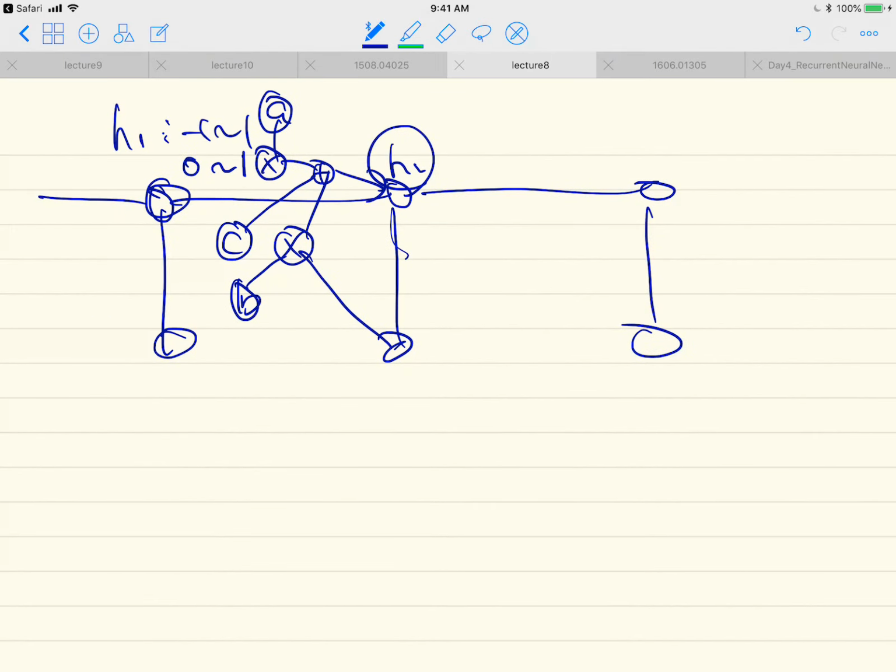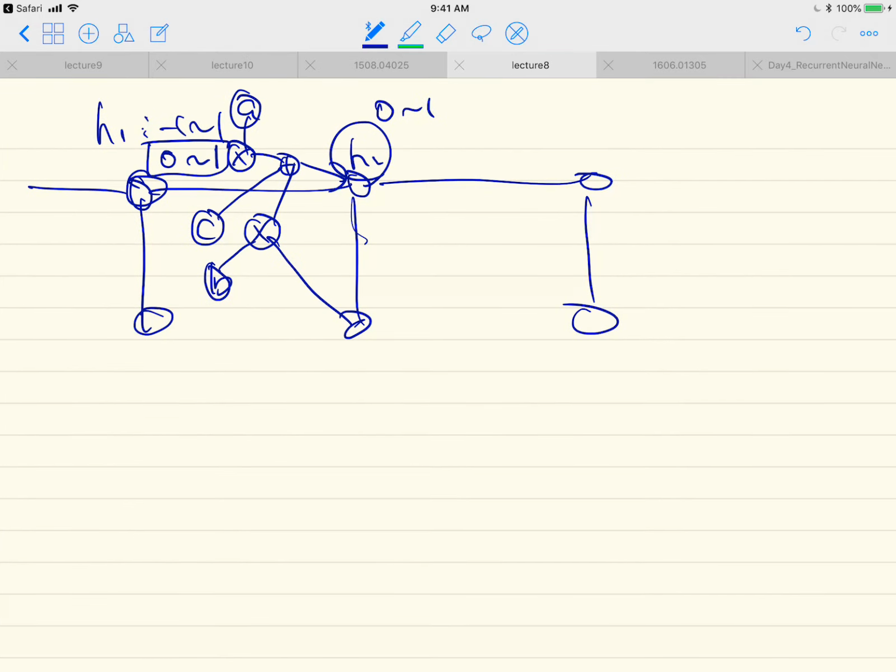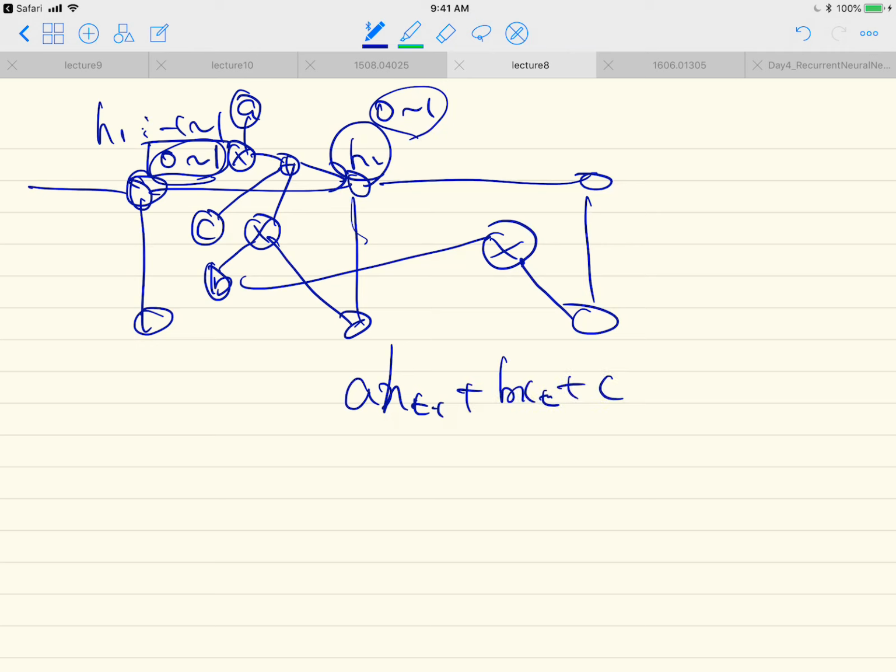But suppose we are using sigmoid, where the ranges are between 0 and 1, and after going through the sigmoid, it will have the range of 0 to 1, right? So the range of our signal is actually biased towards the positive values. We are doing the same thing: A H_{t-1} and B X_t plus C, right?